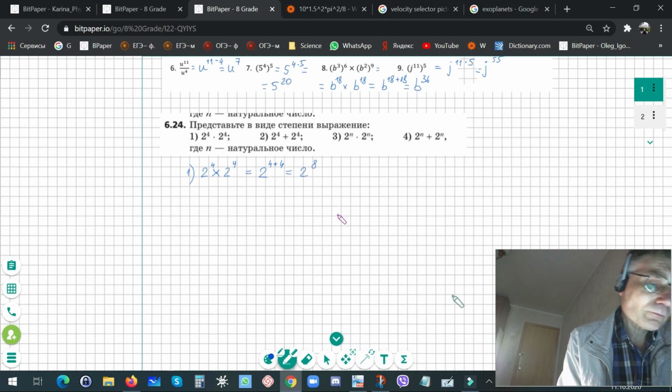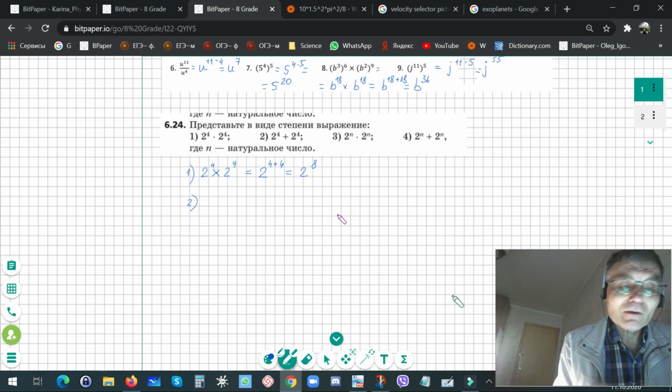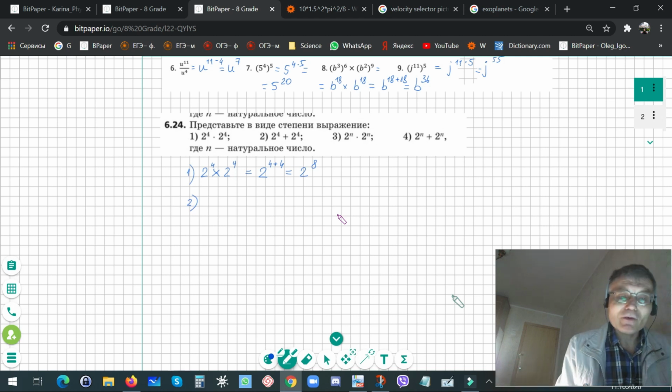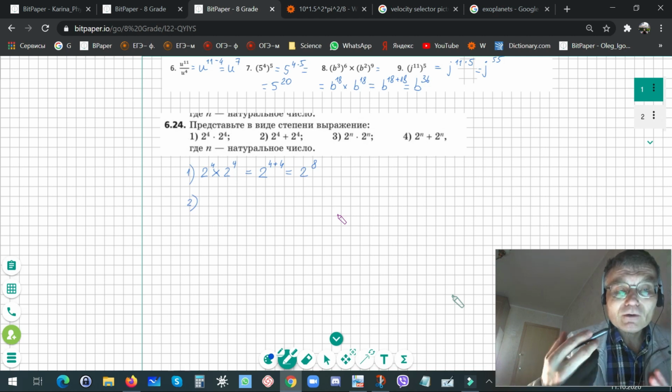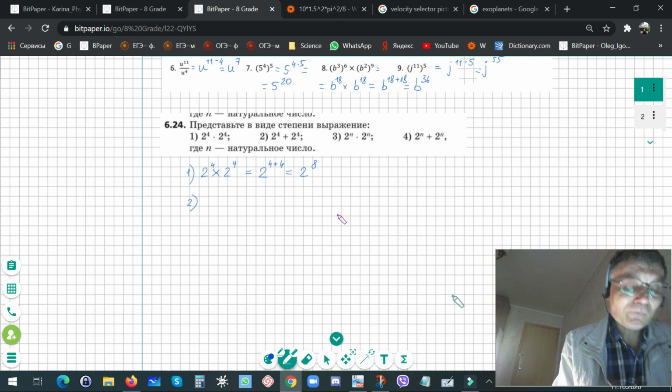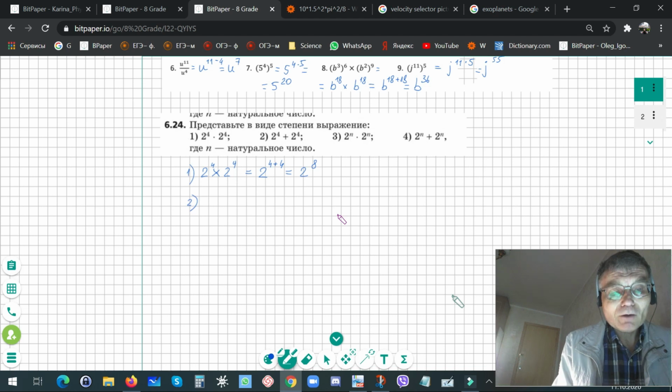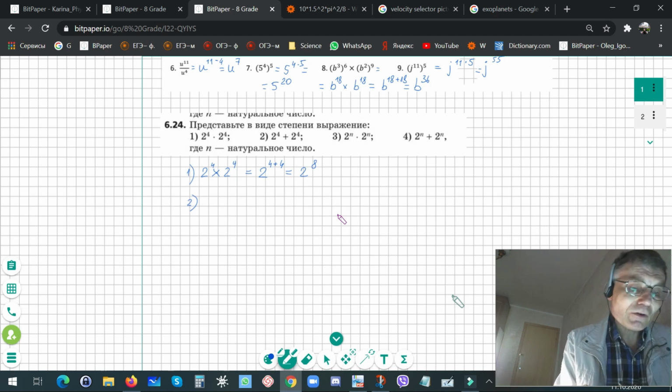Great. Number 2 is a little bit different. We didn't encounter that in American problems, but maybe they think that we'll be confused with this because now it's an addition, it's a sum. But we understand that 2 to the power of 4 and 2 to the power of 4, it's the same object. Actually, we can perform factorization.